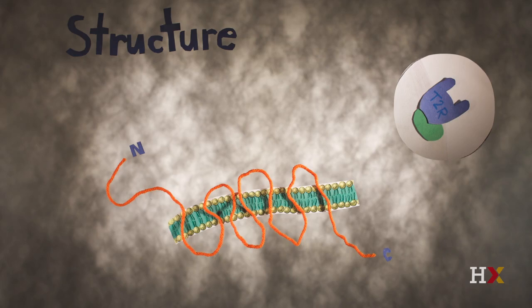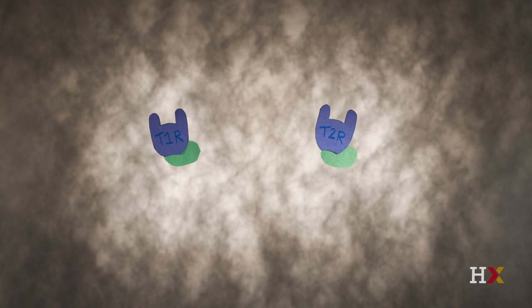T2Rs, in contrast, don't have this large N-terminal protein domain, but they're far more numerous. To date, over 40 members have been identified that respond to specific molecules. These findings led to the hypothesis that these 2 groups were taste receptors for bitter and sweet, with one class encoding receptors for bitter taste and the other for sweet tastes.